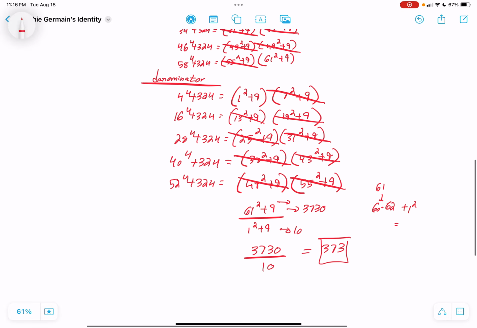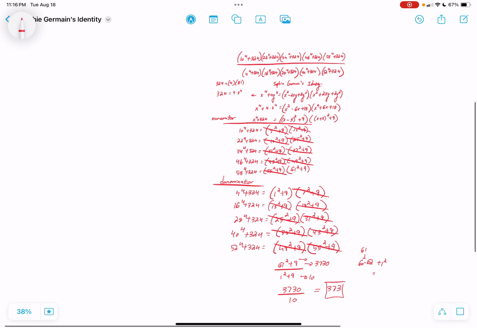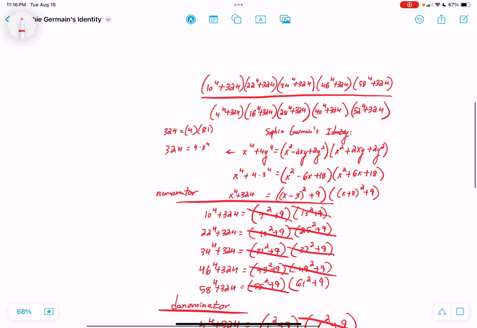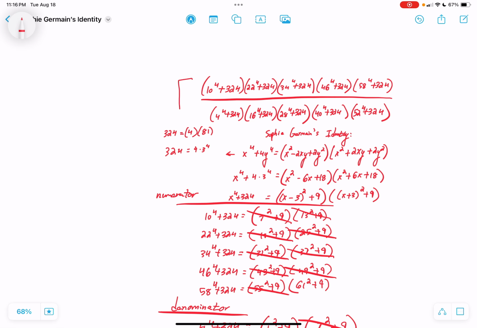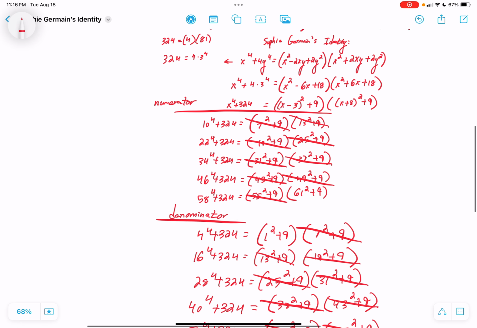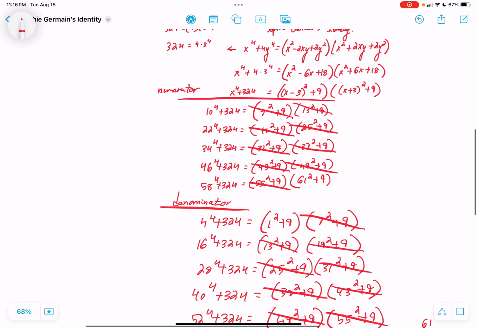Wow, what a problem. And this is why Sophie Germain's identity is so powerful for problems like these, because you're not going to be able to evaluate all of this. It's just way too much. So this is where very advanced factorization techniques come in, and if you can recognize these patterns, you'll be better off.